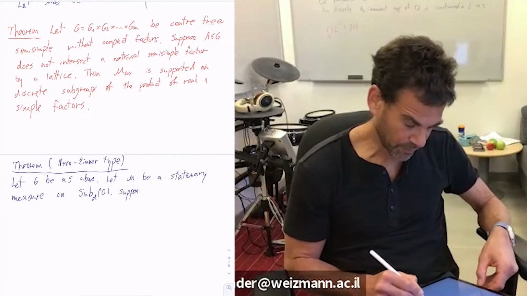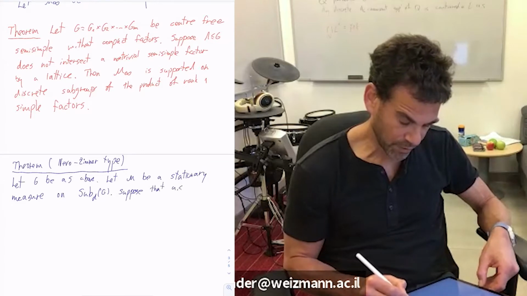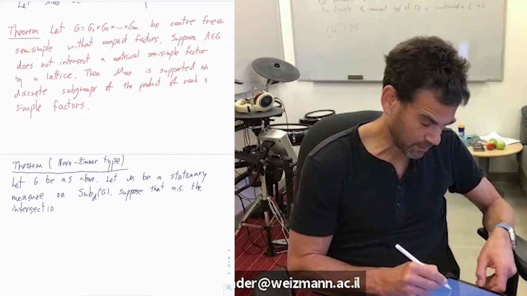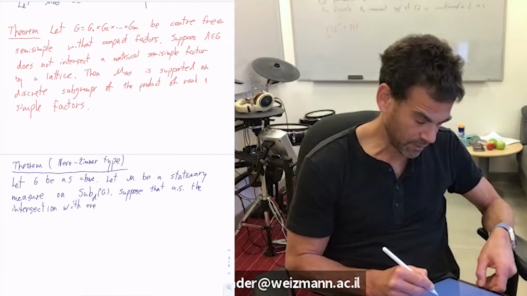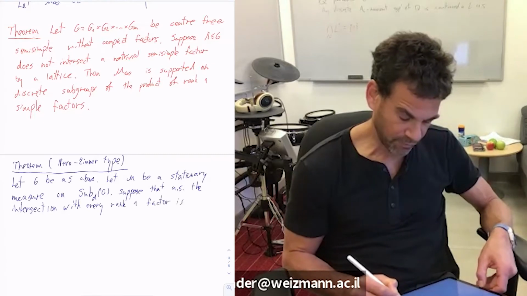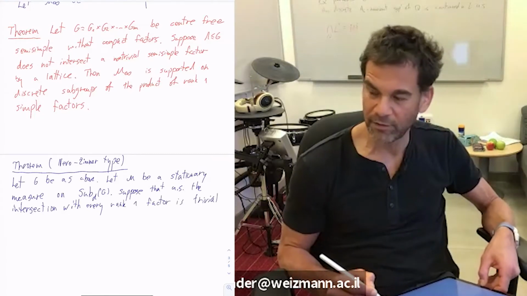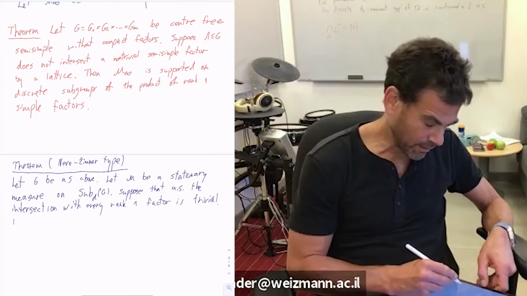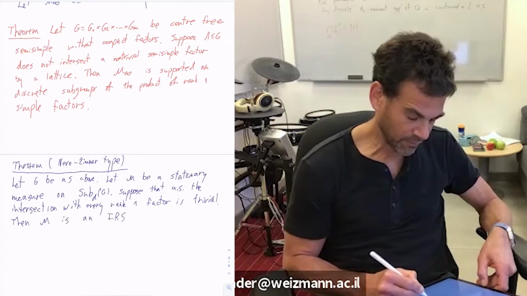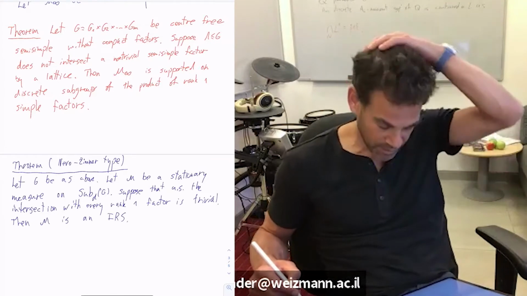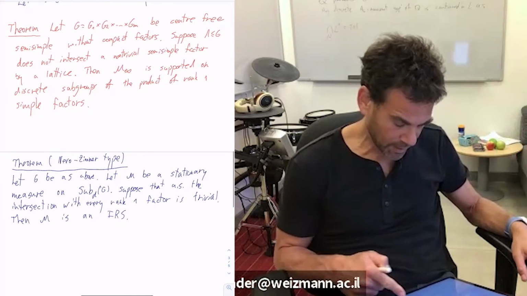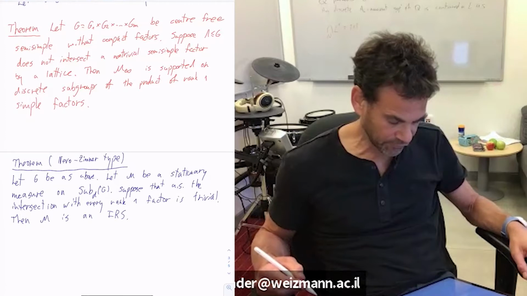Suppose that almost surely the intersection with every rank 1 factor is trivial, and this is a necessary assumption. Then mu is invariant, it is an IRS. So this is the Nevo-Zimmer type result for this specific situation.